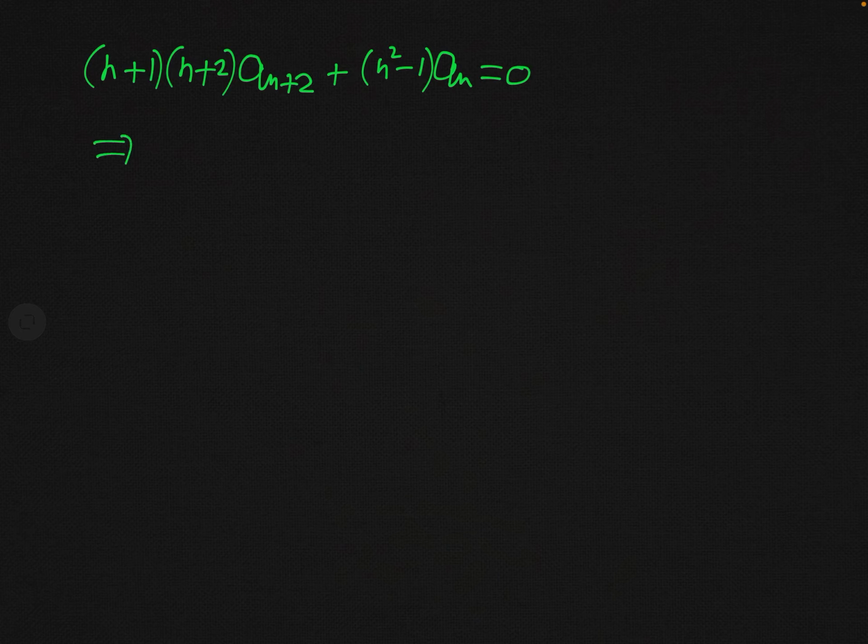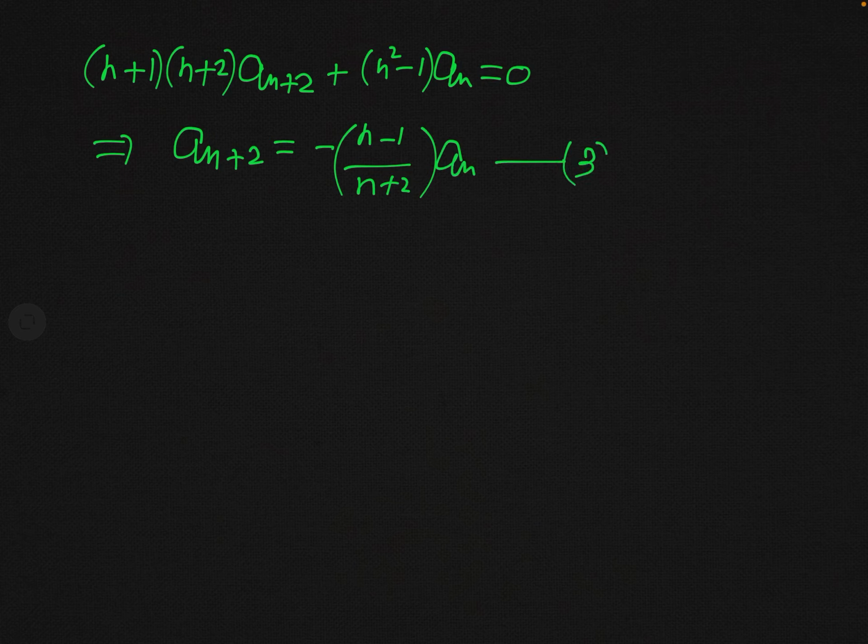From here you can get a n plus 2 equal to minus n minus 1 over n plus 2 into a n. This relation is known as a recurrence relation, as I have told you when dealing with the general technique to solve such problems.